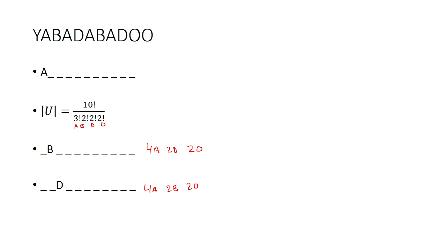So they both are going to be the same mathematically because you have 10 letters to choose from, so it's 10 factorial. Then it's 4 A's, 4 factorial. Then here you don't care if it's 2 D's or 2 B's. Basically, it's just 2 factorial, then they both have 2 O's. That's another 2 factorial.